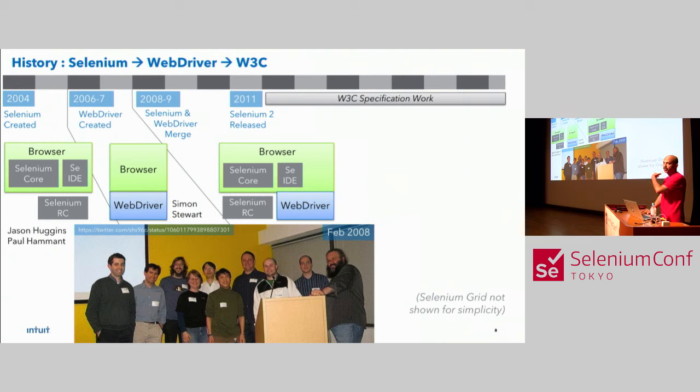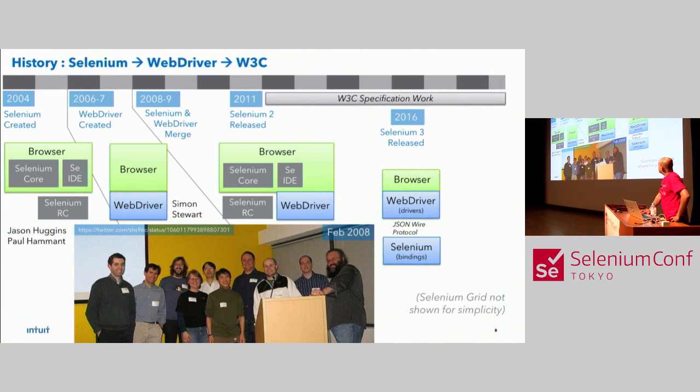And again, you can see the amount of work that has gone into just drafting that spec, getting folks to agree and all that. Selenium 3 was released in 2016. Here, the big thing that has changed is it has deprecated Selenium RC and Selenium Core and all that. It's using the JSON wire protocol. Again, this diagram is an oversimplification maybe, but I've tried to capture the highlights.